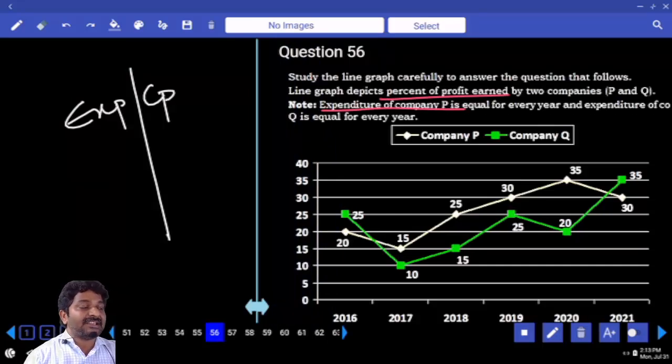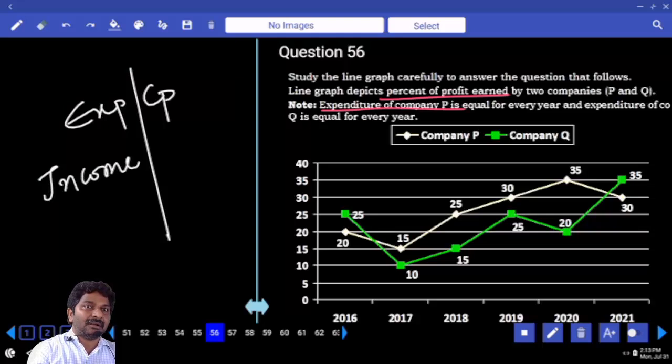So in that case, expenditure is related to cost price, income is related to selling price. Income is not profit, it is selling price only. If you sell items, that comes to you as income. Your total income is not your total profit. So income is related to selling price.